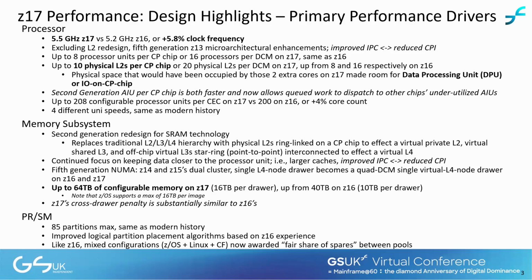And this concept is still fairly new, called fair share of spares. Prior to Z16, if you had a mixed configuration like we described here, z/OS, Linux, and coupling, all the dark cores on the box would pretty much be carved out for the z/OS space almost exclusively.